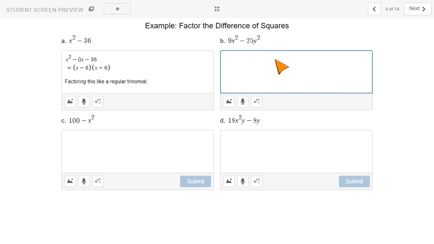Yes, we don't have a B term. Now, since we answered yes to all of these, we could use the shortcut. We're going to take the square root of the A term, square root of the C term, and throw it into brackets with opposite operations. So we have 3x minus 5y and 3x plus 5y.